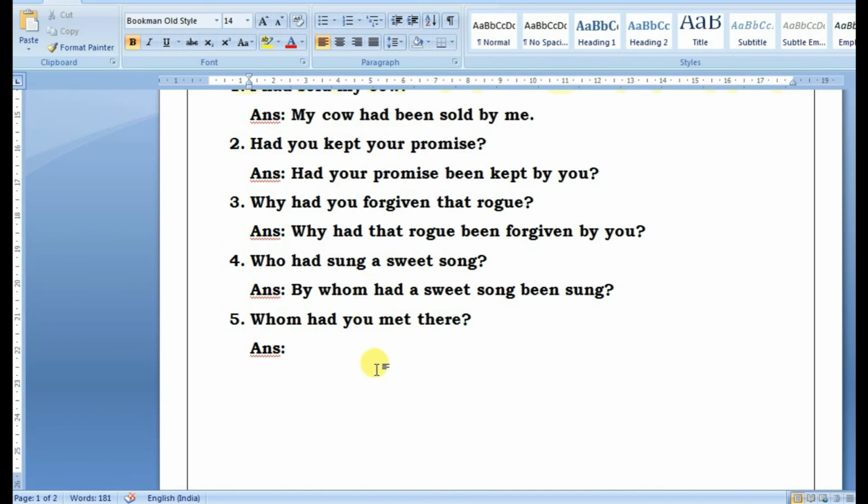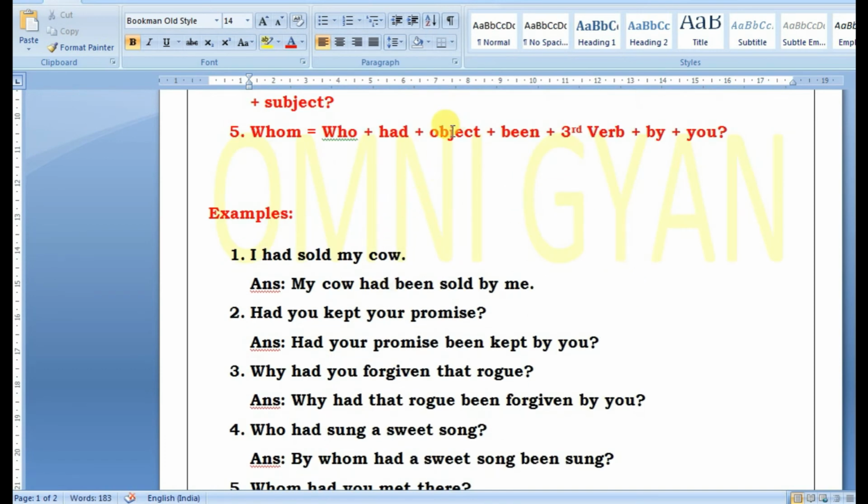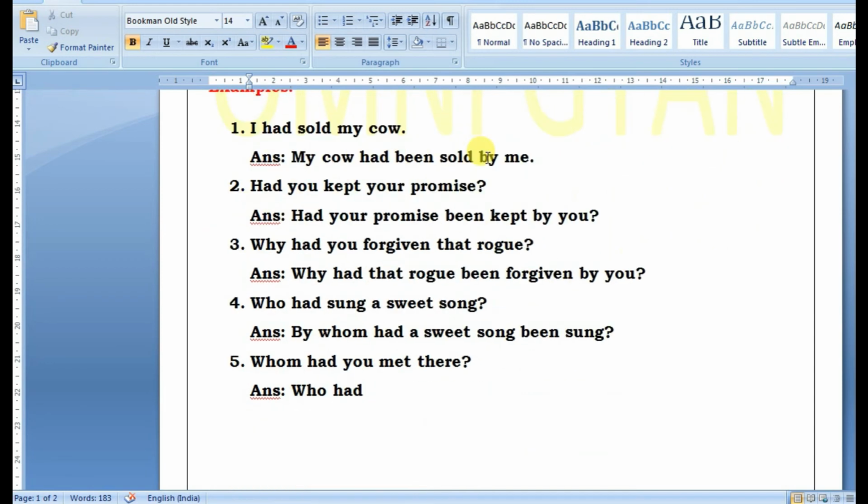Okay, who had. Now what do you have here? You have object, right? But we do not have. I told you object is either a noun or a pronoun. Now there is subject, you, doing the action of meeting. Okay, but the object is neither a noun nor a pronoun.